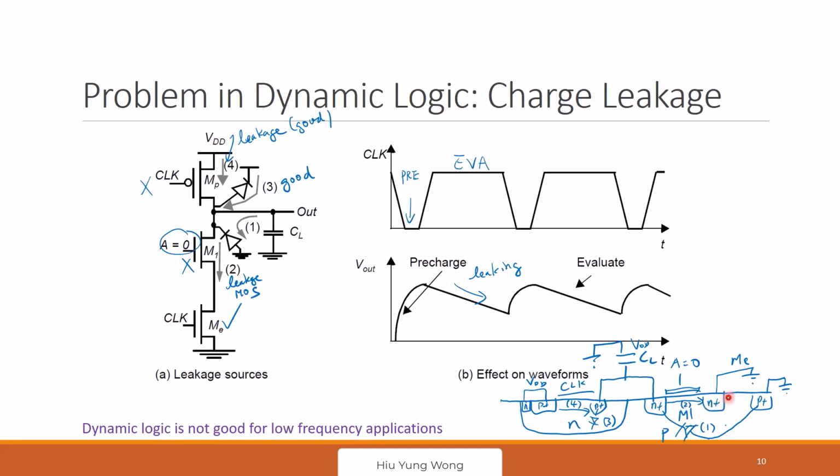So there's a competition. All you need to know is that there's a competition. There are so many paths. And if you don't do it well during evaluation, I will lose the charge. Then my data will be gone because I expect this to be 1. Eventually, it will drop to 0. Then it's a wrong logic. Is this okay? Any questions?